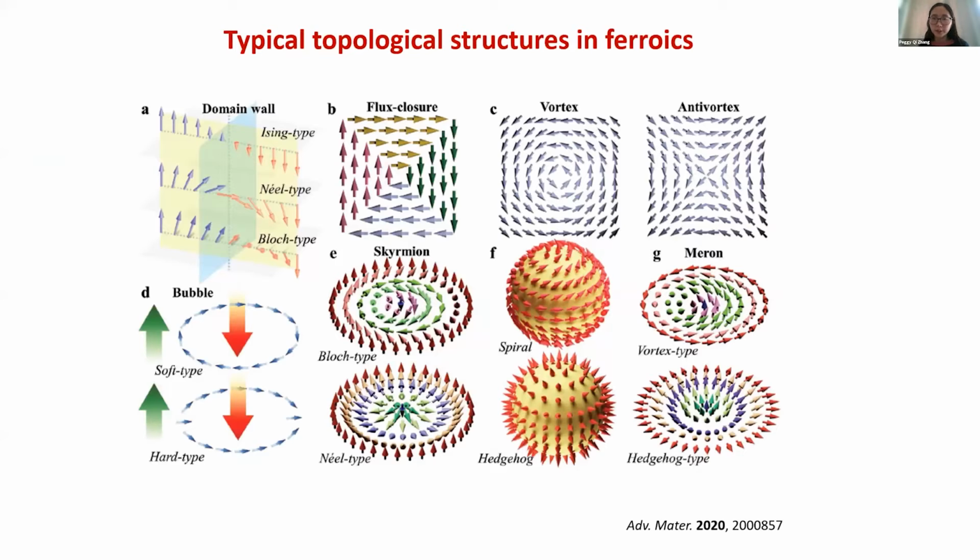The topological defect I introduced in my topic is a new idea recently found and studied intensively in ultra-thin ferroelectric materials. These are a type of exotic ferroelectric domains, including different types of domain walls, vortices, and the very well-known skyrmion structures.